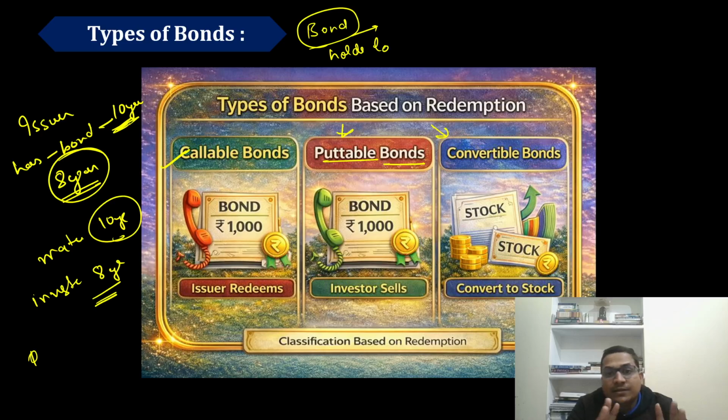Okay, and there should be one question in your mind: is a bond always bought at the face value? No. If you go into any wholesale market, does anybody buy anything at the MRP?